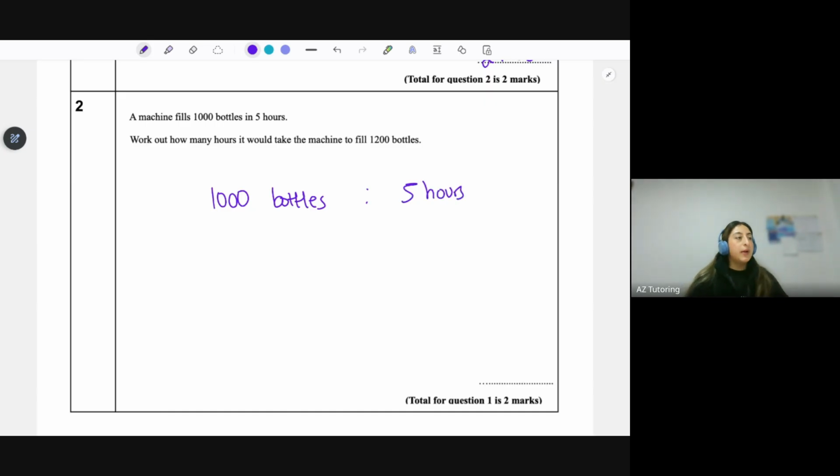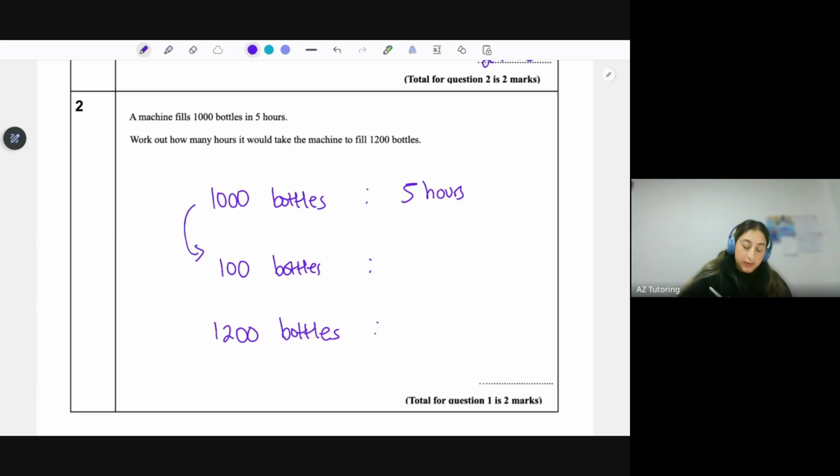I want to work out the amount of hours it's going to take to fill 1,200 bottles. So again, I can't go from 1,000 to 1,200. So I'm going to divide it to get 100, and then times it to get 1,200.